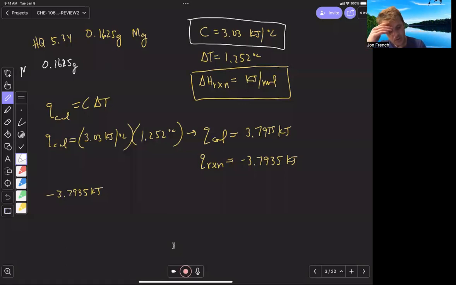So I got to find moles of magnesium. Magnesium is 24.31 grams per 1 mole.